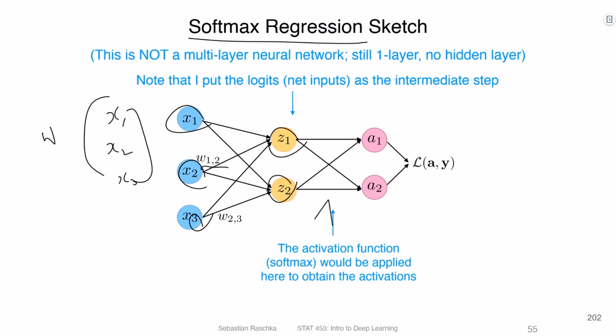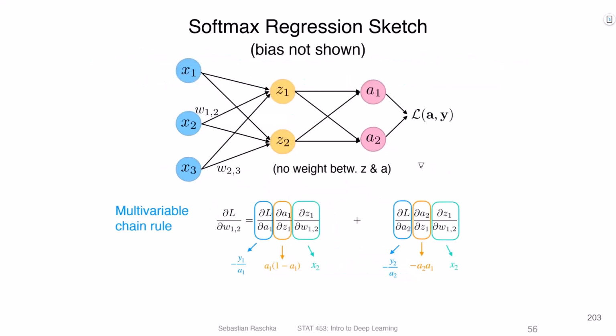Here we apply the softmax function, and the resulting probability distribution is compared with the ground truth probability. Then we can calculate the loss. Then how can you calculate the gradient of the loss with respect to W12 and W23? This one affects both A1 and A2, like this. We need to calculate this loss.